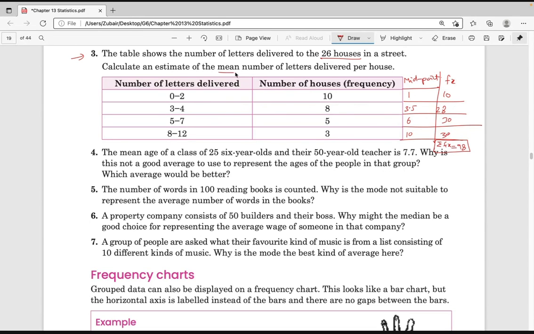So we were doing mean numbers and we have 26 houses. So summation fx divided by summation f is 98 by 26. And I get 49 by 13. And in decimals, it is 3.77 rounded to two decimal places. Clear?